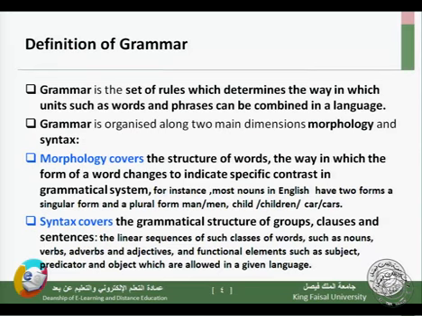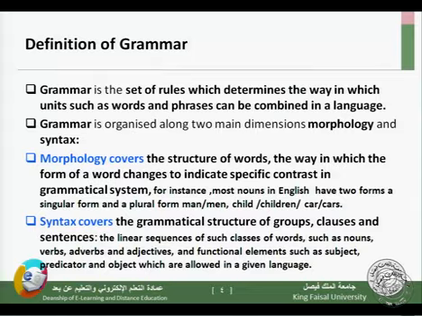All right, so this is it in front of you, and it explains itself by itself. But you need to know what we mean by adjectives. We need to know what we mean by functional elements such as subject, predicate, and object, which are allowed in a given language. You understand?